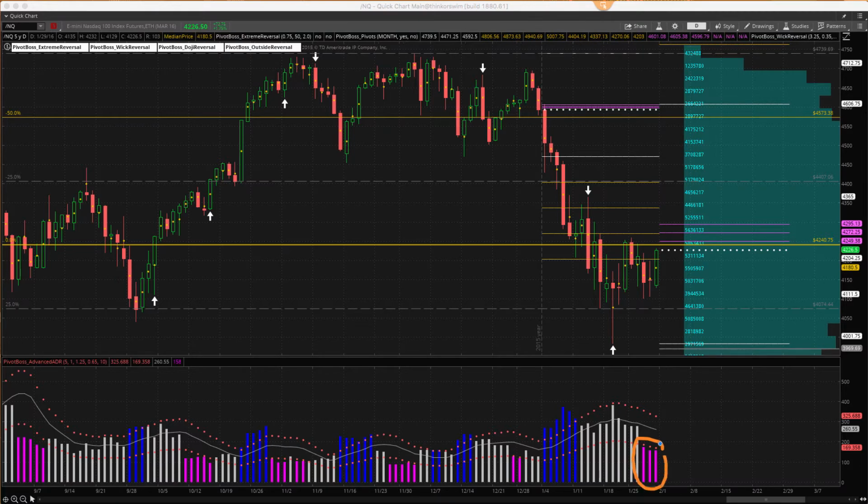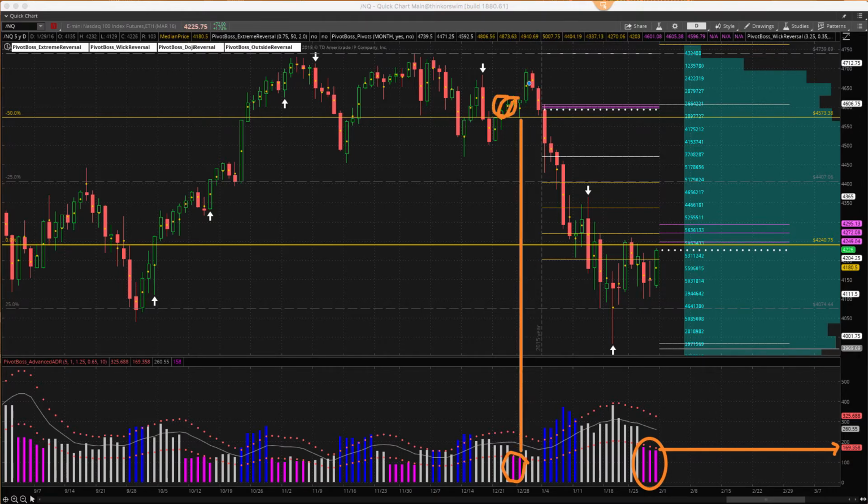The case right now is we have very narrow price range action as indicated by the PivotBoss Advanced ADR Indicator. On a 5-day range basis, right now we're very narrow. Typically, when you get narrow like this and you look up, you see some type of increased volatility.